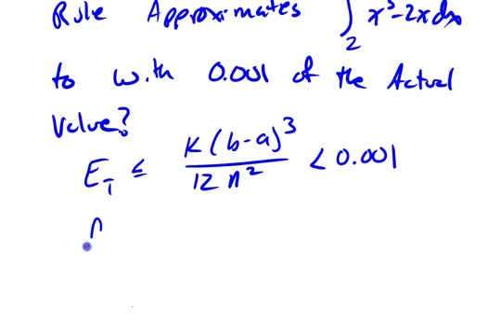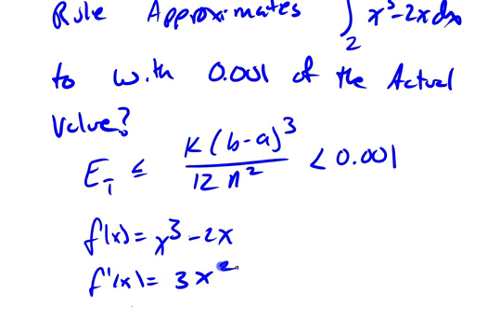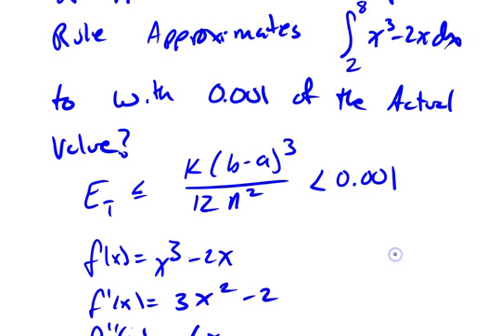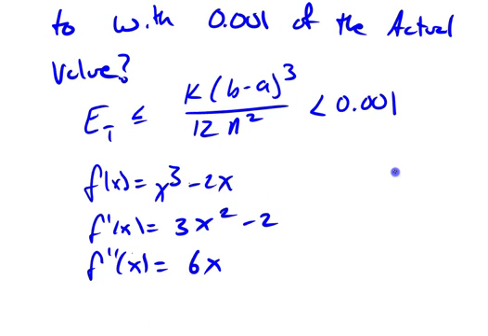So the function that I'm integrating is x cubed minus 2x. So the derivative is 3x squared minus 2, and the second derivative is 6x. The interval that I'm integrating over is 2 to 8, and I want to know what's the maximum value that 6x could be.